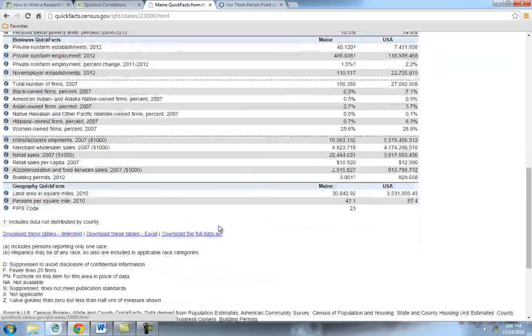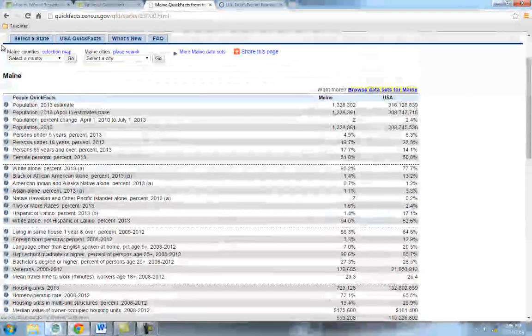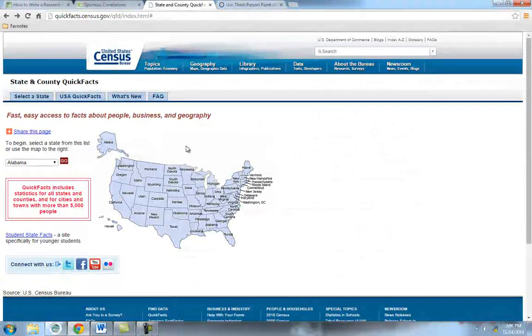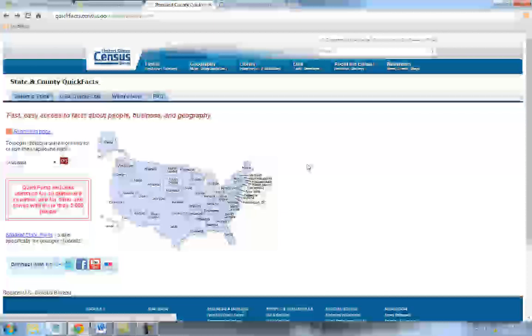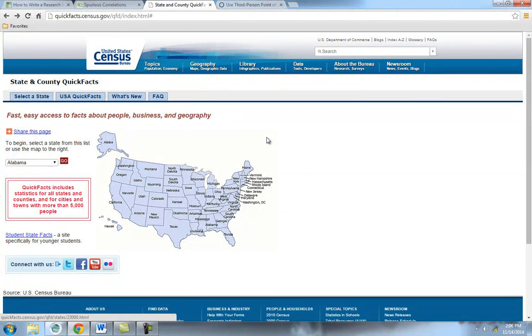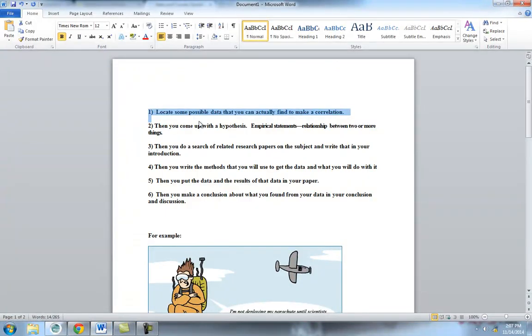There's a lot of information on the U.S. Census Bureau about every state, and you can find percentages, the poverty rates, the average and median income of people, the number of people that own houses or rent, and so on. This is not the only place to find information, but it's available quite readily and easily. So you find some data that you can actually use to make a correlation.